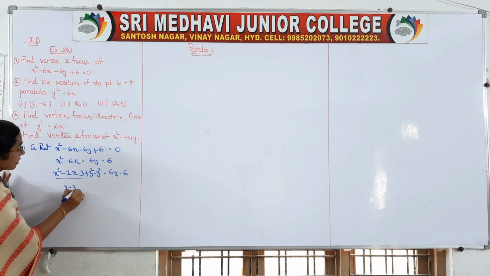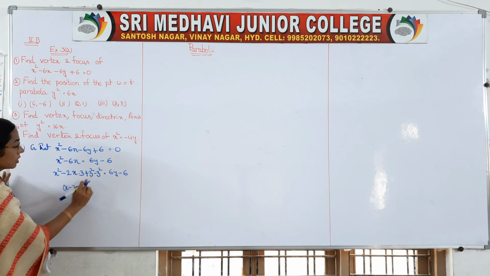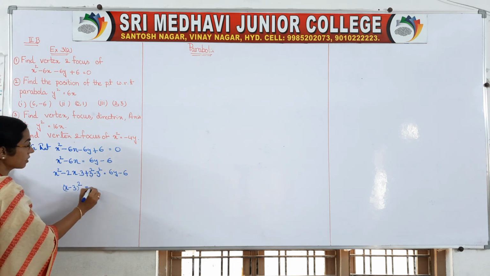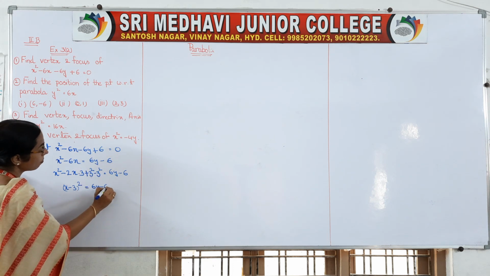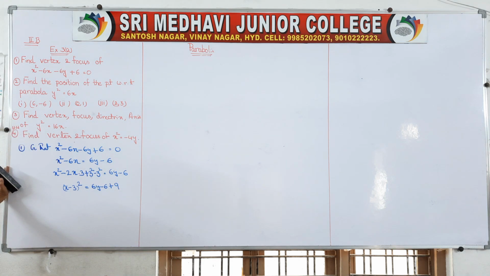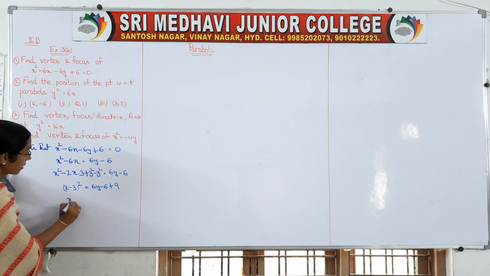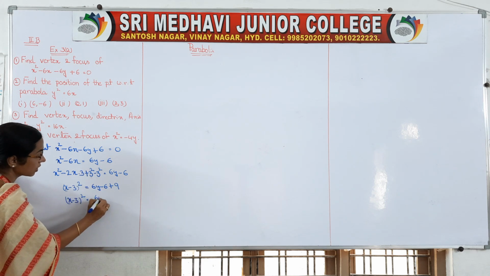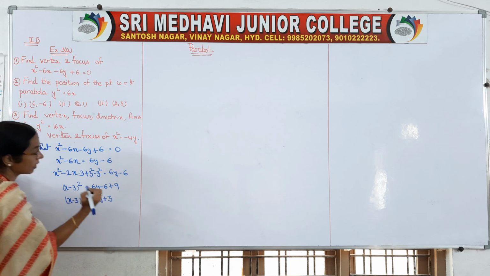So it is x minus 3 whole square, and send this minus 3 square to that side. It is 6y minus 6 plus 9, right? 3 square is 9. So x minus 3 whole square is equal to 6y plus 3.